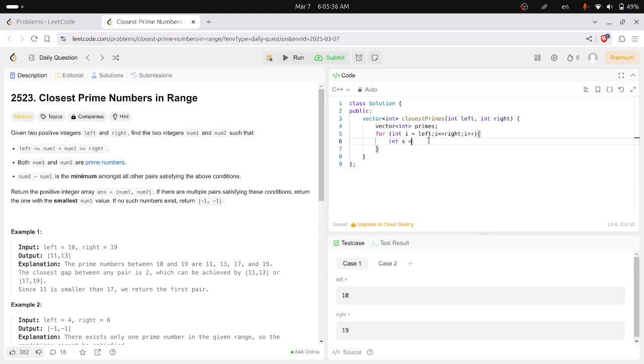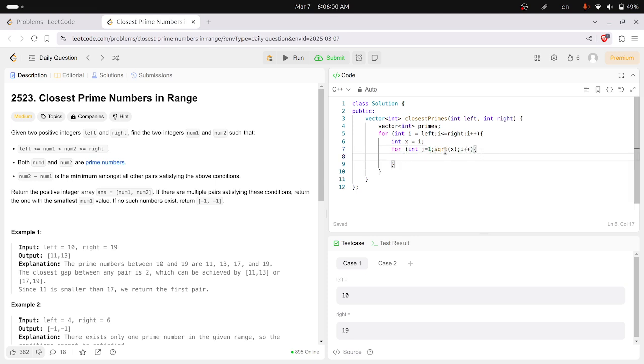So let's say integer x equals to i. I am storing the i in a temporary variable, and then I will write another for loop to iterate over it to find out if it is a prime number or not.